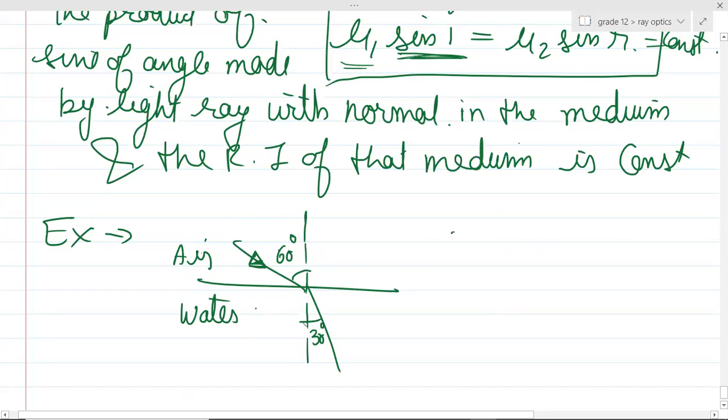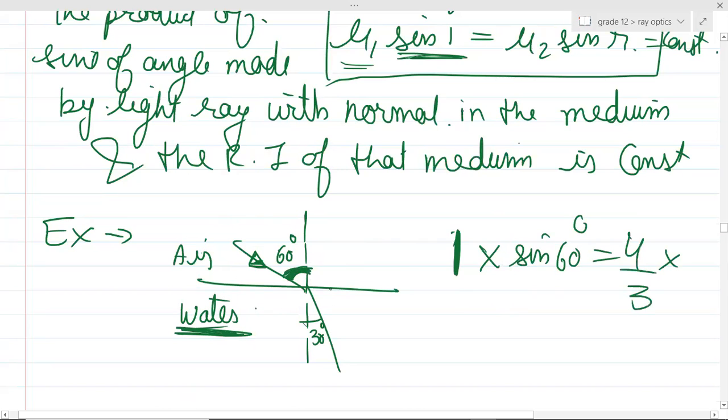But can you see over here, what is the refractive index of air? 1 multiplied by sine of, can you see the angle made by the normal with the ray? What is it? 60 degrees, right? So sine 60 should be equal to water 4 by 3 multiplied by sine of 30.